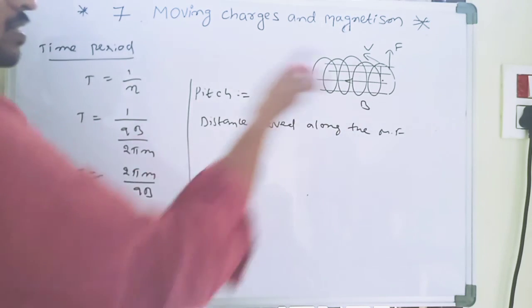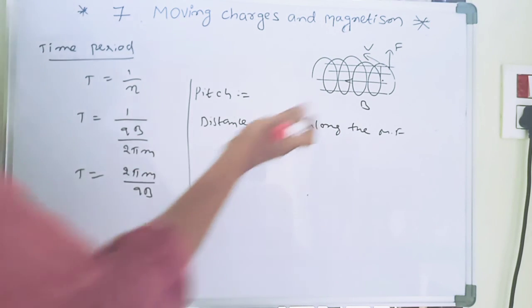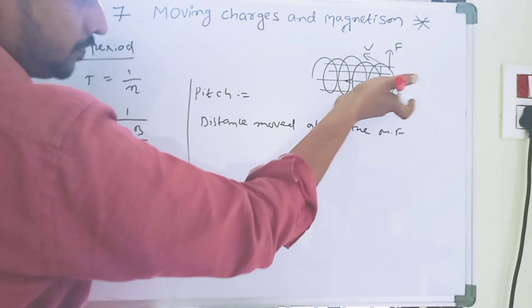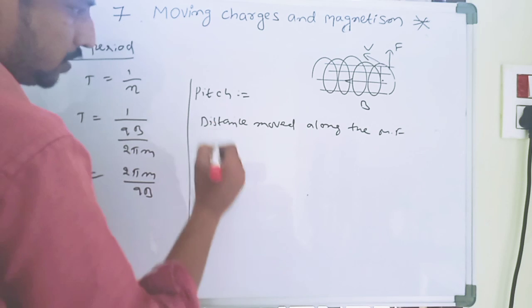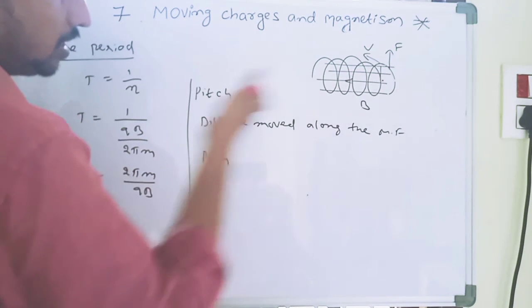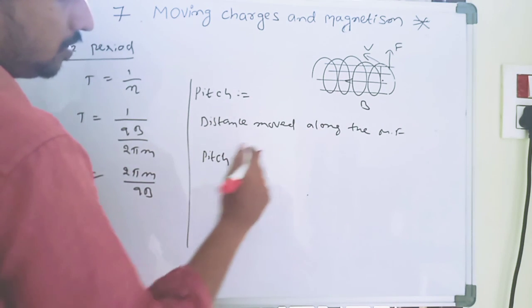So how to calculate this distance? Pitch is nothing but this distance moved along by the particle.